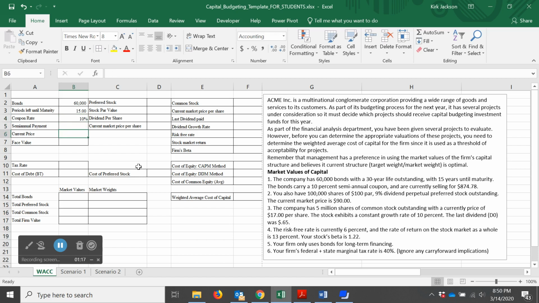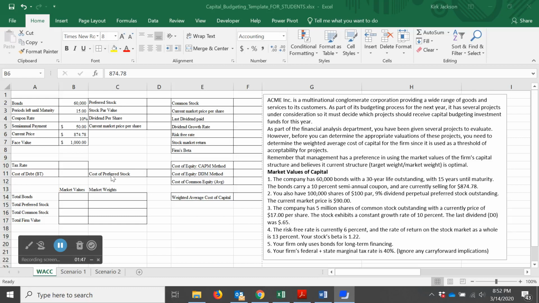We have a current price, which is given, $874.78. The face value on a corporate bond, if you remember back to the chapter on bond valuation, is $1,000. So the semi-annual payment would be 10% of the face value divided by 2, which would give us $50.